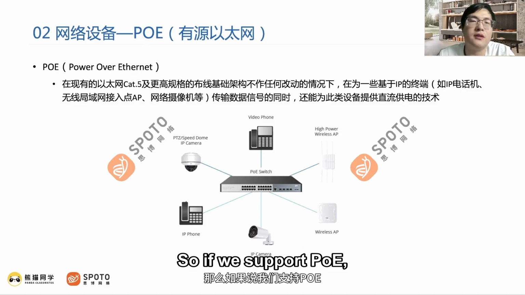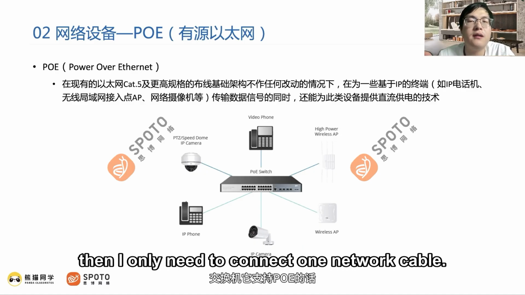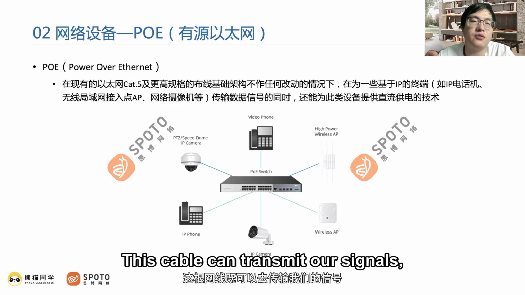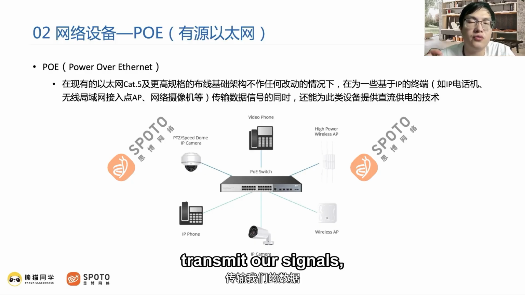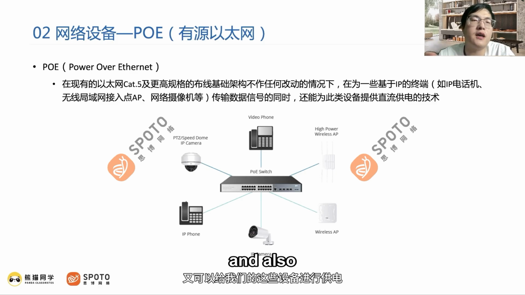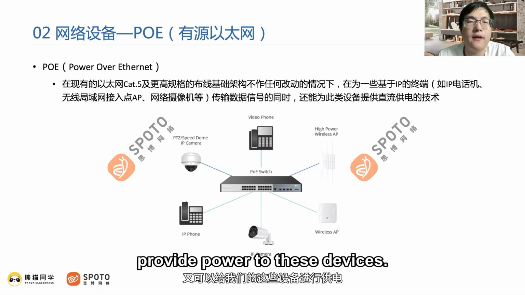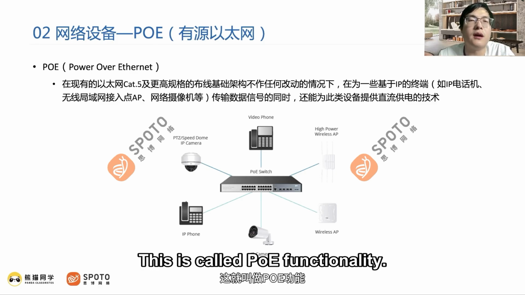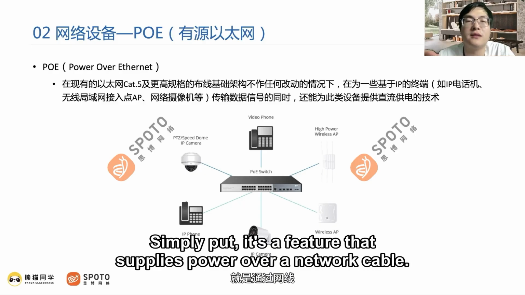So if the switch supports PoE, then I only need to connect one network cable. This cable can transmit our signals, transmit our data, and also provide power to these devices. This is called PoE functionality. Simply put, it's a feature that supplies power over a network cable.